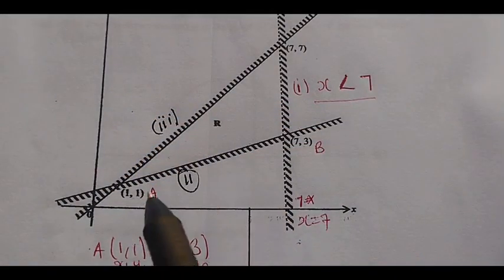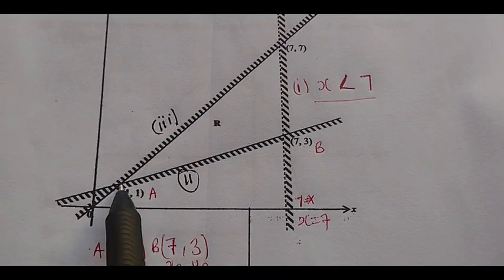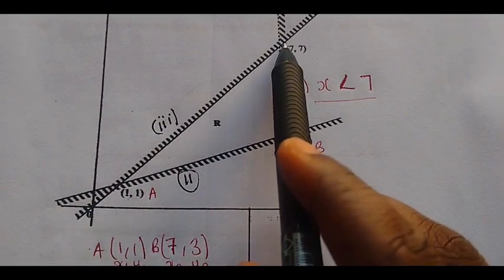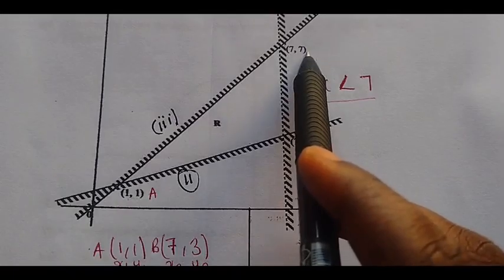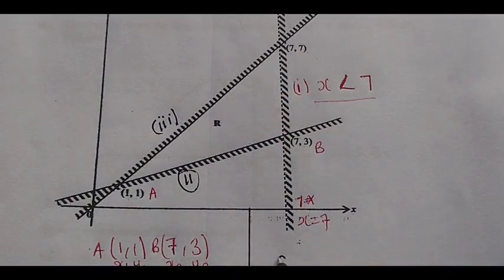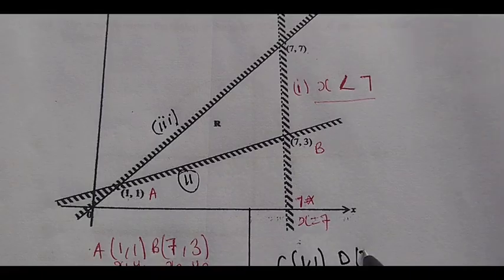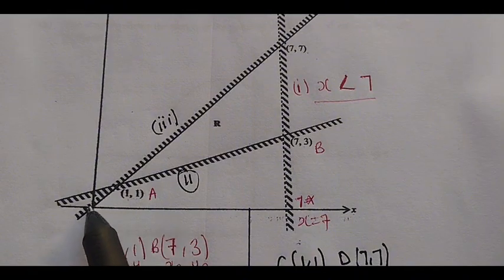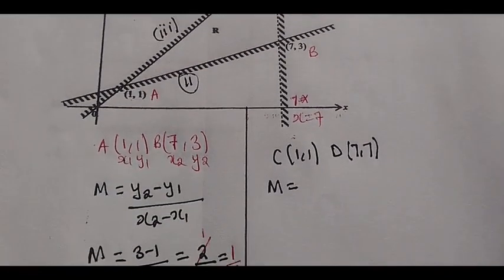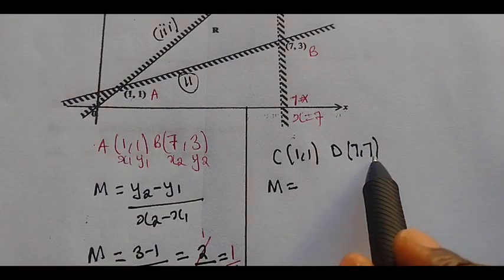Now for this line, let us check the coordinates. We use this one 1,1, and these other coordinates 7,7. So we say C we have 1,1, then D coordinates we have 7,7. So from here, find the gradient of this line. So we say M equal to, so I do hope that we are moving together. M is equal to y2 minus y1 over x2 minus x1.